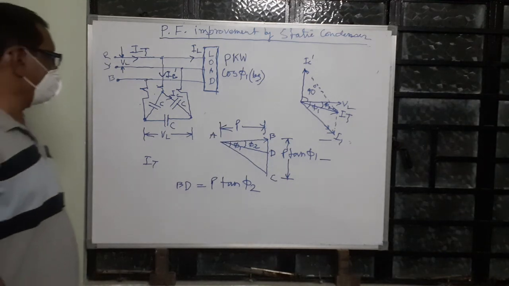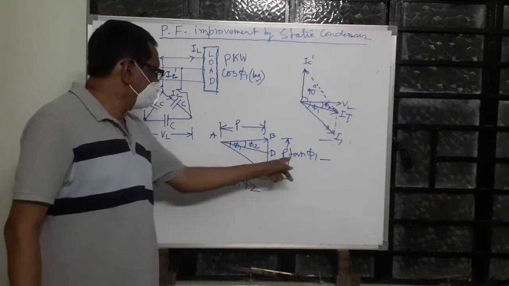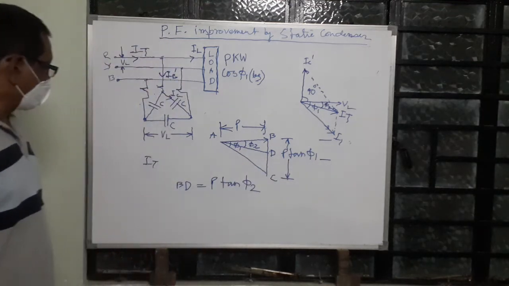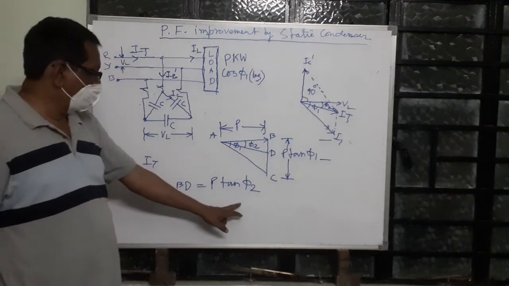Before connecting the capacitor bank the reactive power was BC, that is P tan phi 1, and after connecting it the reactive power is BD, equal to P tan phi 2.